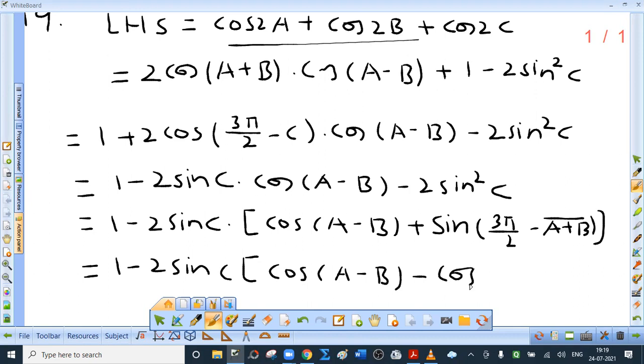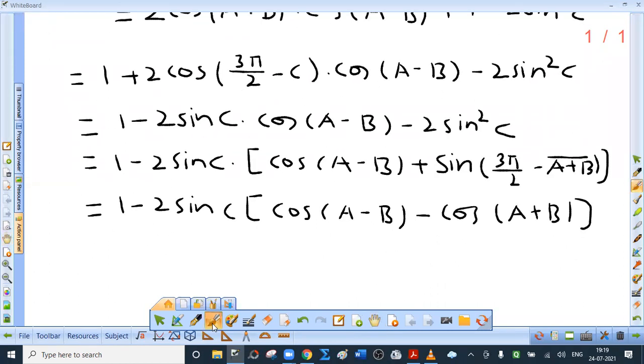Now, same logic. Sine of 3 pi by 2 minus. Sine changes to cosine. But in the third quadrant, the sine ratio is negative. So, minus cos of A plus B. Okay. Now, this is the expansion of what? That is why you should know all standard results.